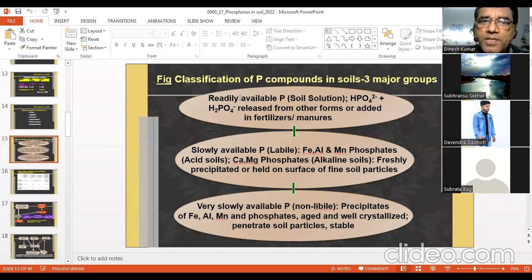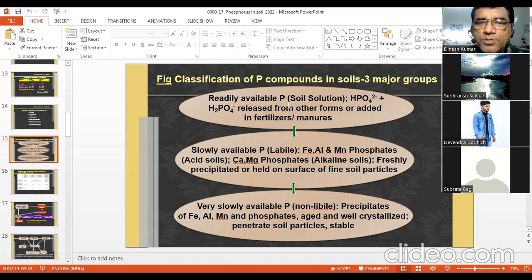And then where is this readily available phosphorus coming from? So slowly available phosphorus, labile phosphorus, will contribute towards readily available phosphorus. For example, iron, aluminum, and manganese phosphates, those that were fixed, are in equilibrium with this readily available phosphorus. They will supply it in acidic soils.